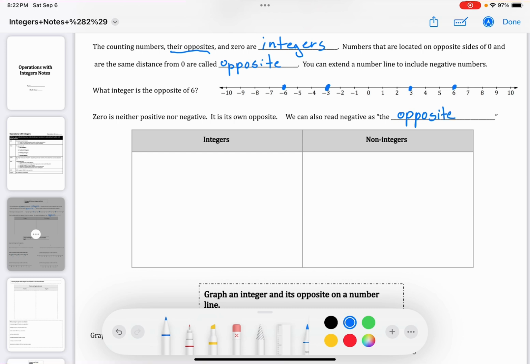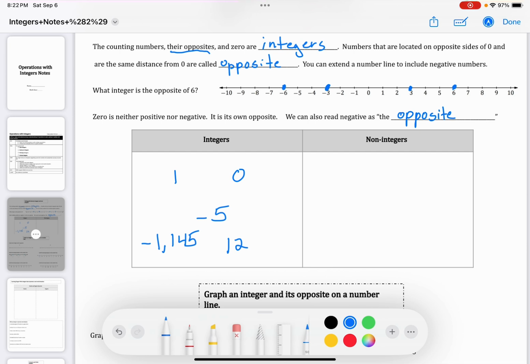All right, so some examples of integers. Well, 1, 0, -5, 12, -1,145.